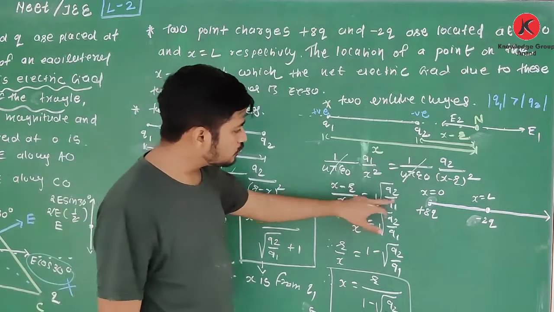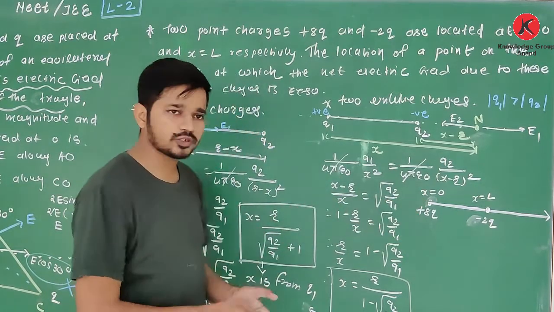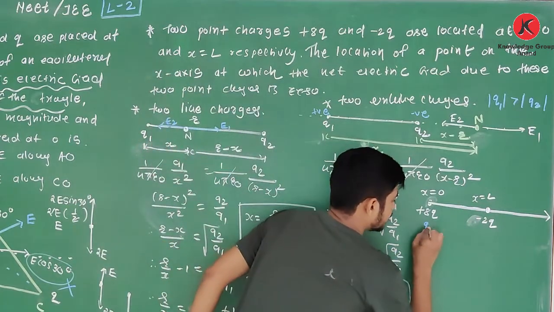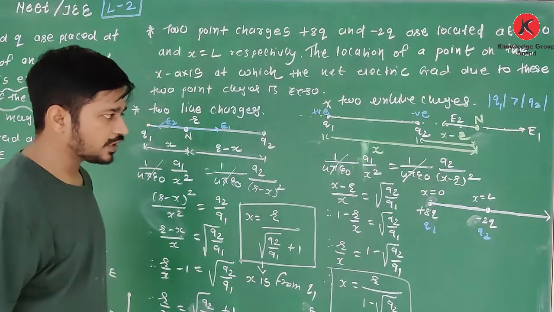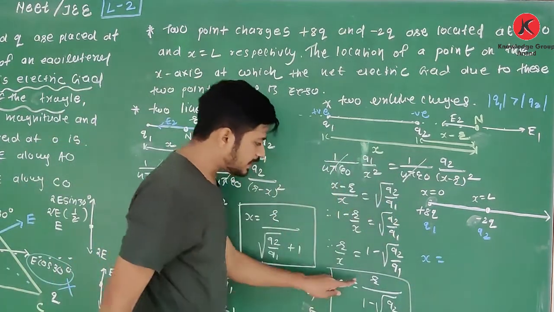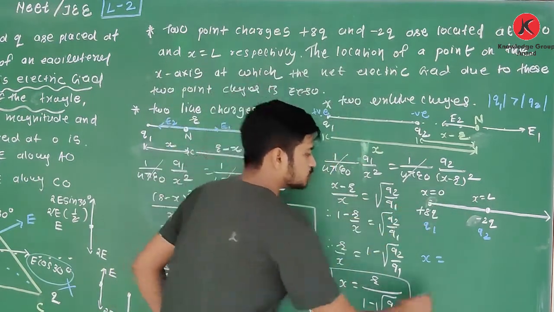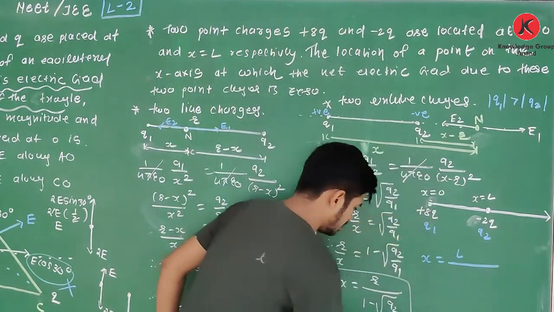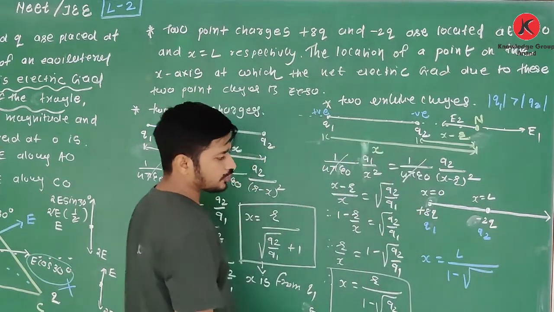You have to find the distance from plus 8q, which is placed at x is equal to 0. So for us it is q1 and it is q2. Then what is the equation? Here r means the distance between two charges, which is L, divided by 1 minus under root q2 upon q1.